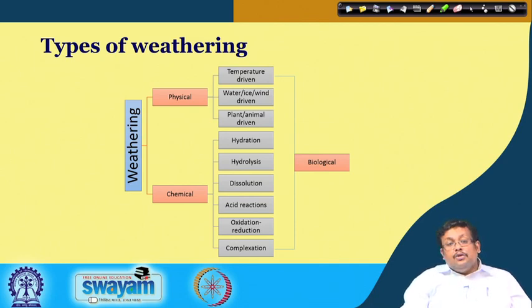For example, the roots of plants can pry rocks into smaller fragments, helping in physical disintegration, and they can also secrete some chemicals or acids, as can microorganisms, and these chemicals help in altering the chemical nature of one mineral to another mineral. So, it is evident that biological agents help in both physical disintegration and chemical decomposition.